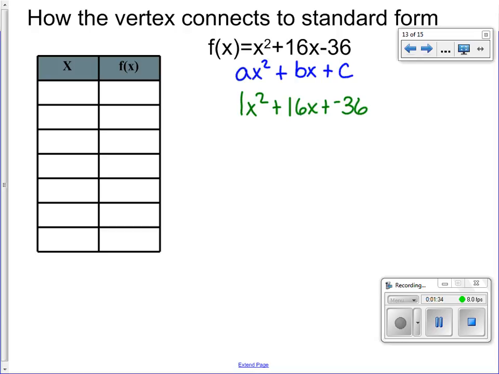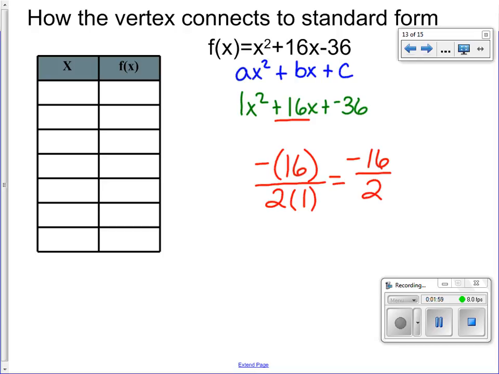So if you remember, we always take the opposite of our middle coefficient. So the middle coefficient is a positive 16. So we're going to take the opposite of 16 and we're going to divide by 2 times the first coefficient, the leading coefficient. So we clean things up, negative 16 over 2.